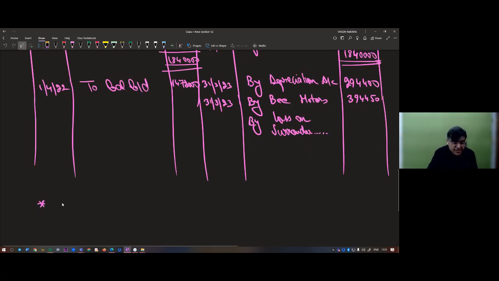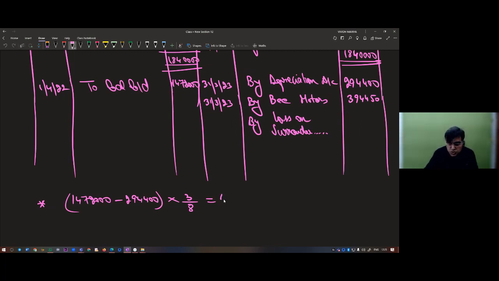1472 minus 294,400, for 3 scooters versus 8 scooters. 1472 minus 294,400 into 3 divided by 8.